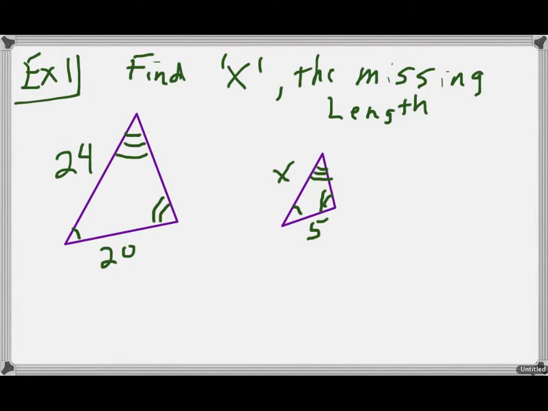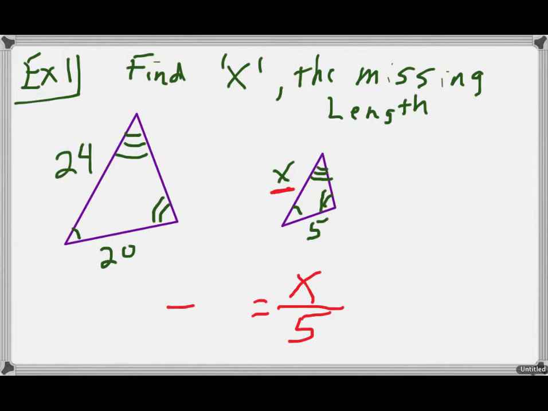What I like to do is highlight x, and I make a ratio out of this shape, just the shape alone. I'm going to put x over 5. It kind of builds itself in a way.